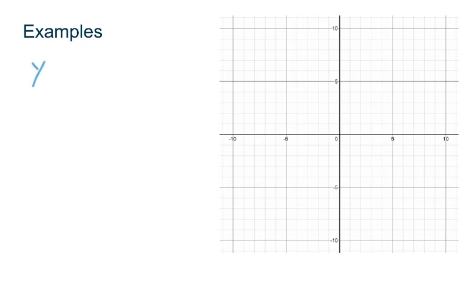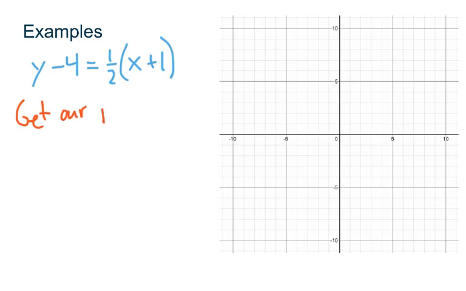Let's say we have y minus 4 is equal to 1/2 times the quantity x plus 1. The first thing we have to do is get our point. We have to remember that the general formula has it as y minus y1 is equal to m times the quantity x minus x1, and that the point you get from this is x1 comma y1.